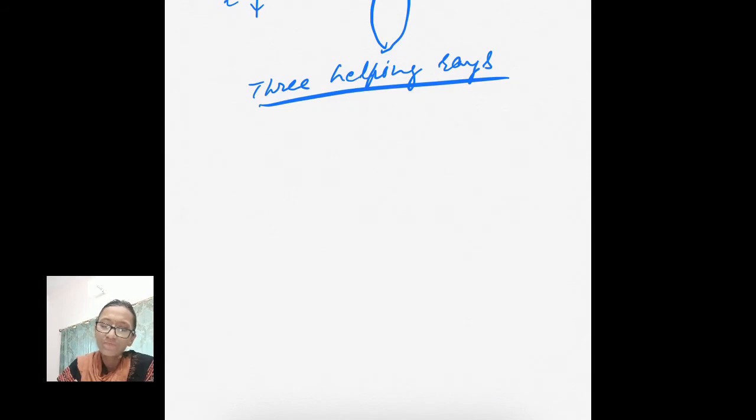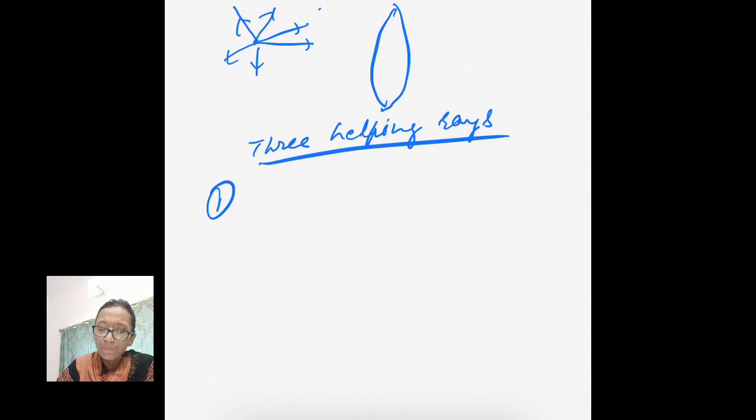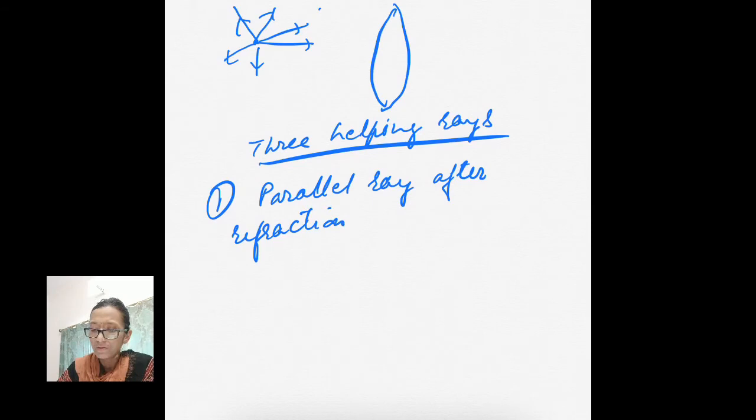First one, parallel ray after refraction through lens will pass through focus.